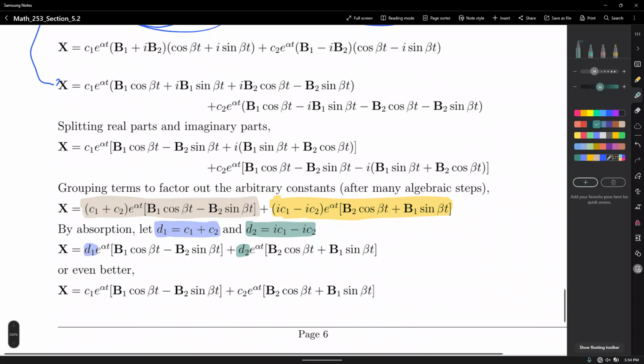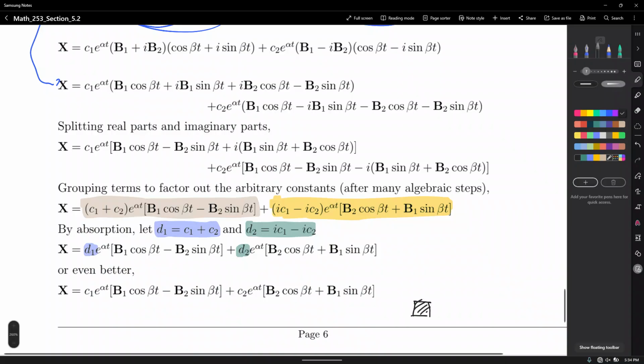But guys, can't we use any letter for arbitrary constants? How about we just use C1 and C2? Because it's just an arbitrary constant, and this is the derivation of the formula right here, which is going to be very convenient.